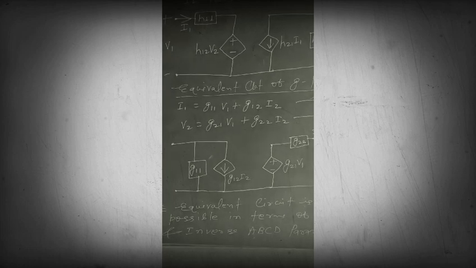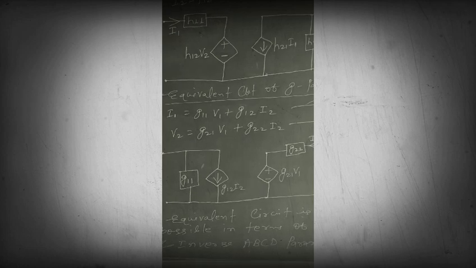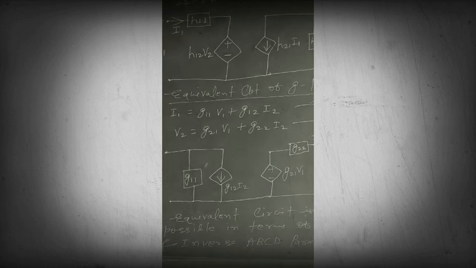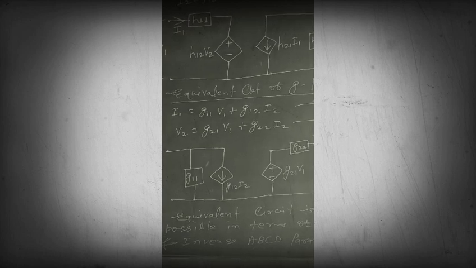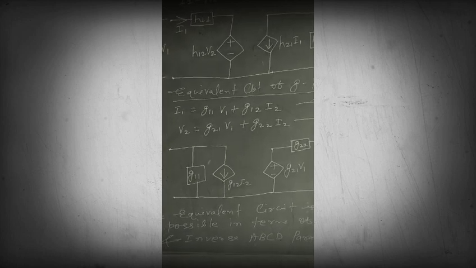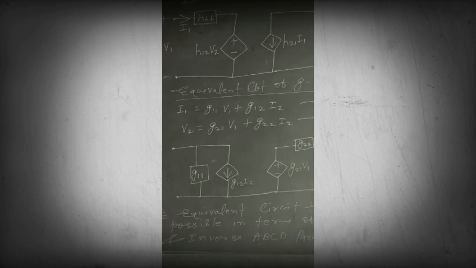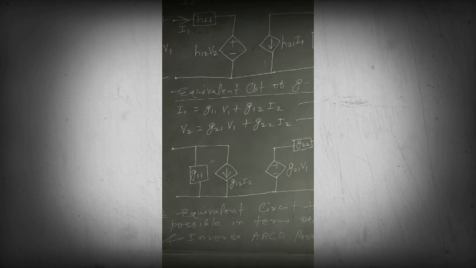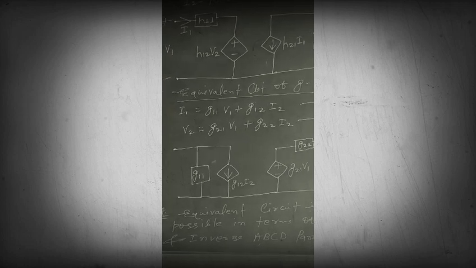When we go to draw the equivalent circuit of the ABCD parameters, let's start from the primary port. The voltage is V1, and next you have two terms, A into V2 minus B into I2. Both V2 and I2 are related to the secondary port, while we are drawing for the primary port.